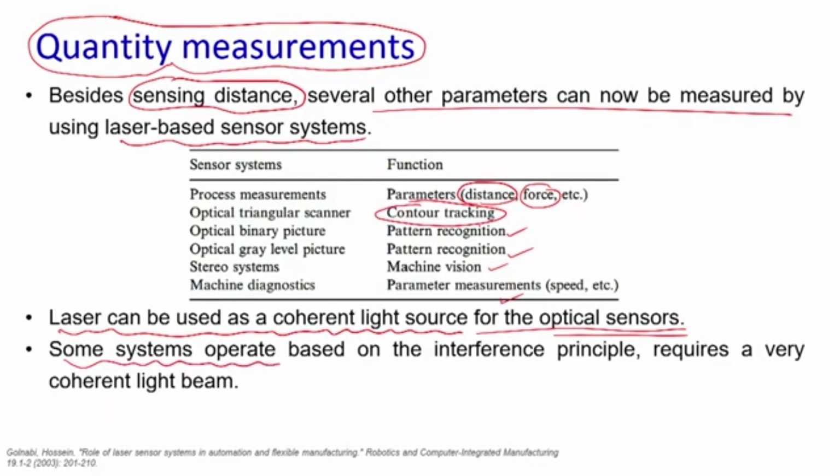Some systems operate based upon the interference principle and require a very coherent light beam. By collecting the interference pattern of coherent light beams, we can generate 2D patterns, or even 3D topographical data of various surfaces.